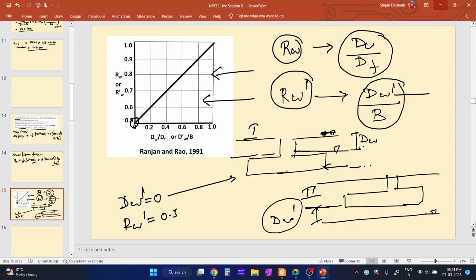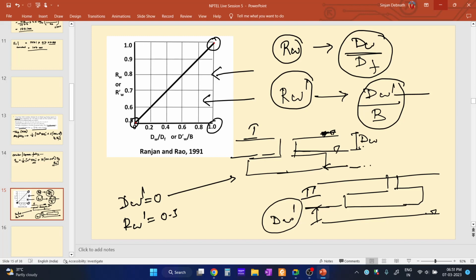If dw is equal to df, that means dw by df will be equal to 1, and from this chart rw will also be 1.